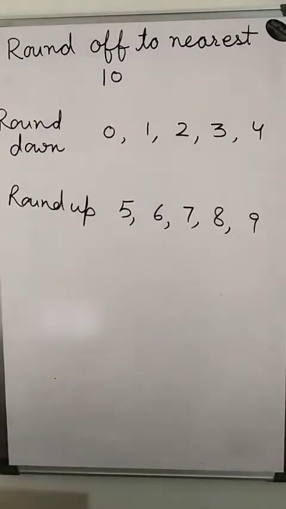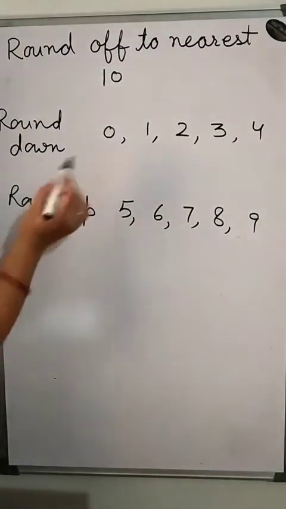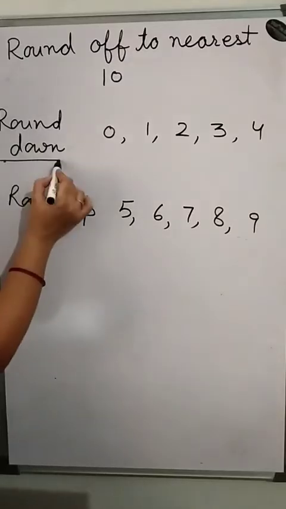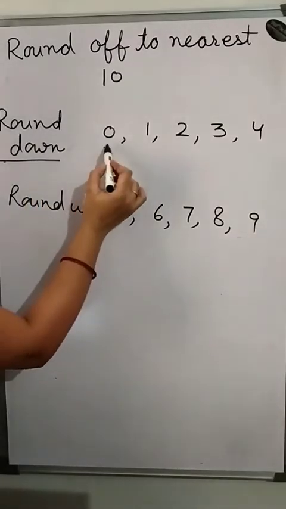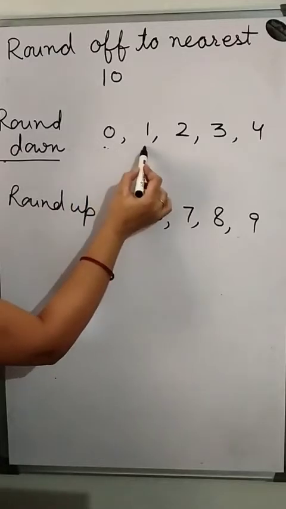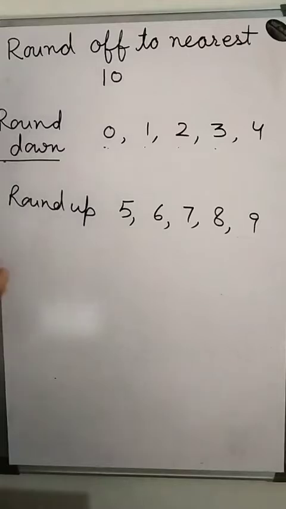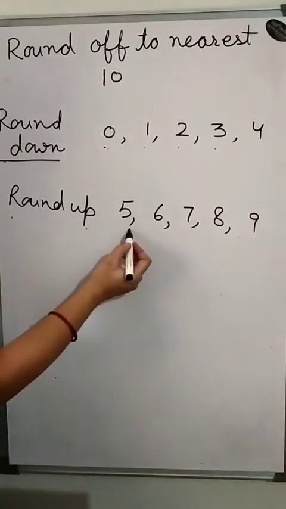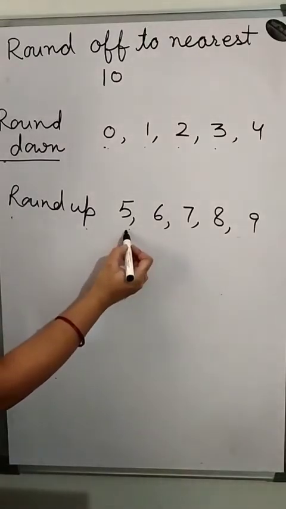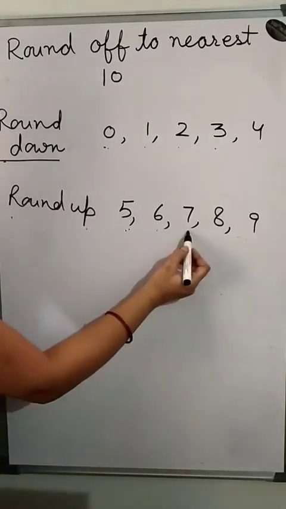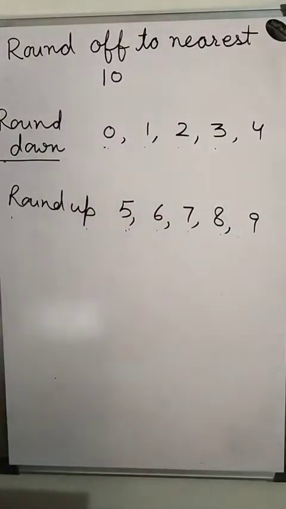Right, everyone? So here we have 2 groups. We round down when the unit digit is 0, 1, 2, 3, 4. And we round up whenever the unit digit is 5, 6, 7, 8 or 9.